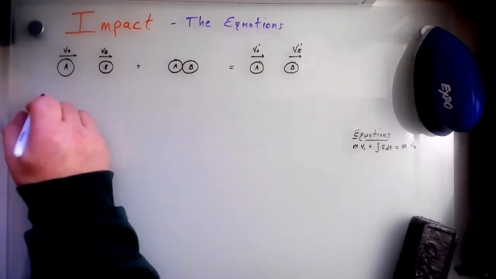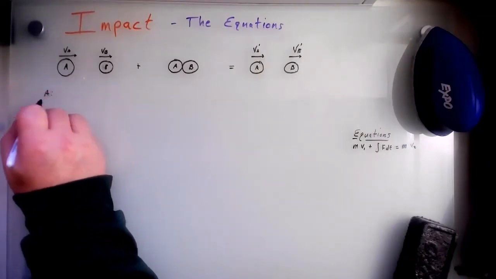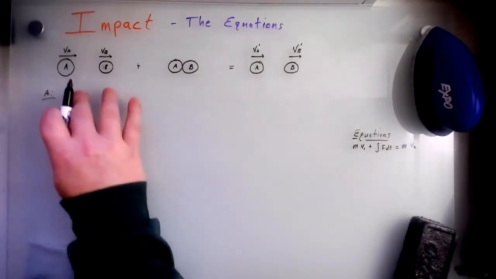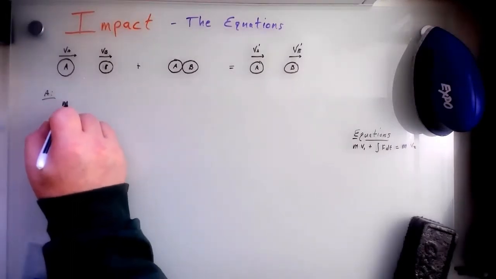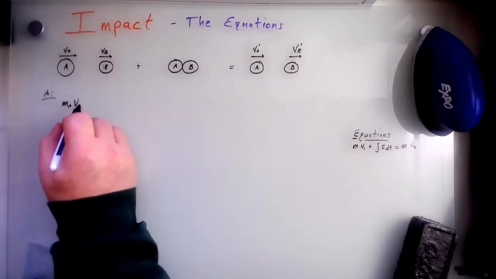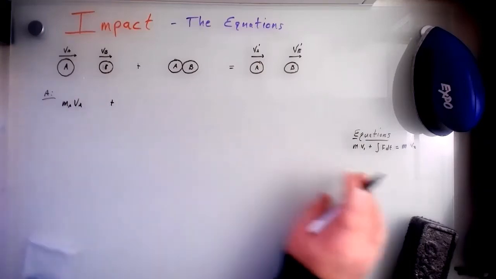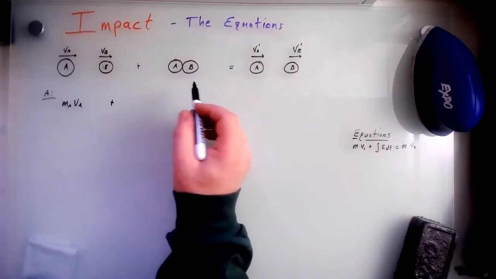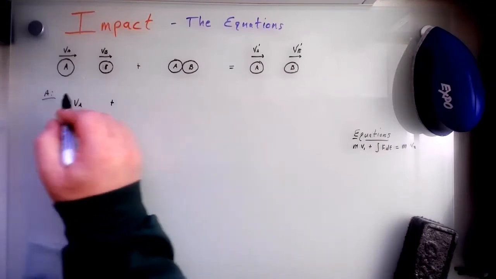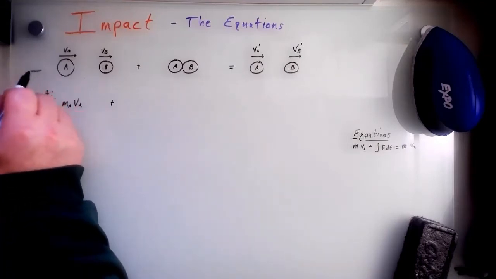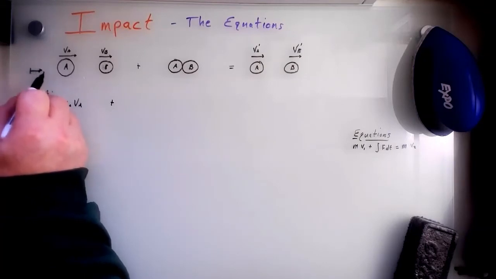So for particle A, what do we have? At this position, we have mA vA, right? And then we have F dt. We need a positive direction, don't we? Let's call this direction positive.